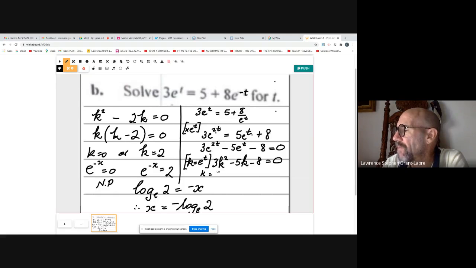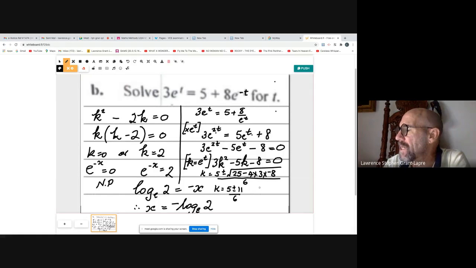Negative b plus or minus the square root of b squared, 5 squared, minus 4ac, all over 2a. 2 times 3 is 6. Now 25 plus 96 is 121. So we've got k equals 5 plus or minus the square root of 121, which is 11, over 6.